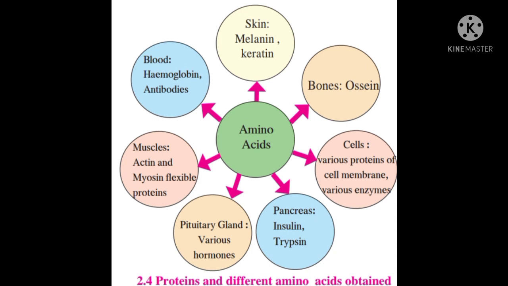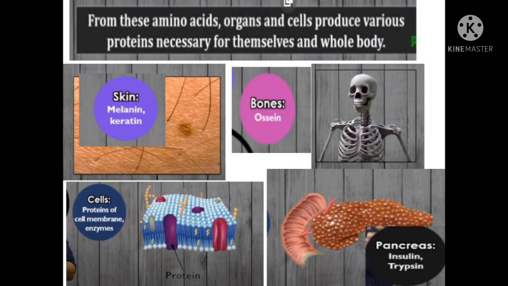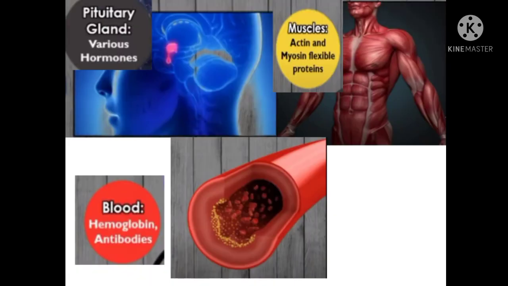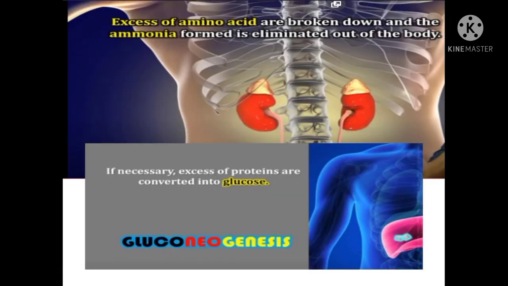For example, melanin and keratin are produced in skin, ossein is produced in bones, various proteins of the cell membrane, various enzymes are produced in cells, insulin and trypsin are produced in the pancreas, various hormones are produced in the pituitary gland, actin and myosin, flexible proteins, are produced in muscles, hemoglobin and antibodies are produced in blood, etc.